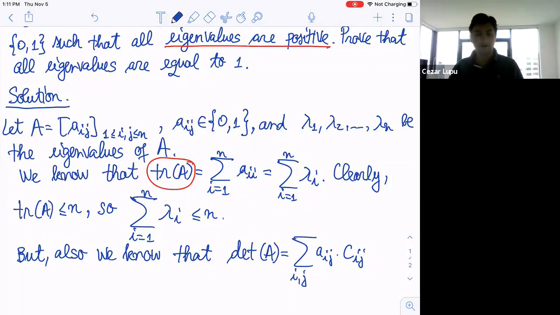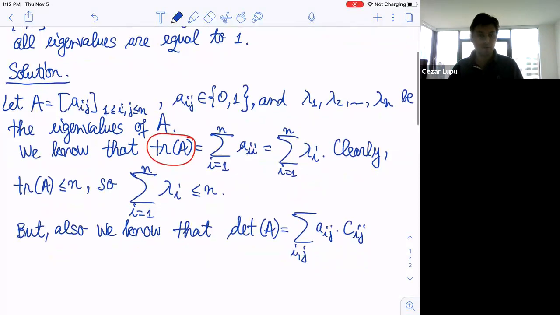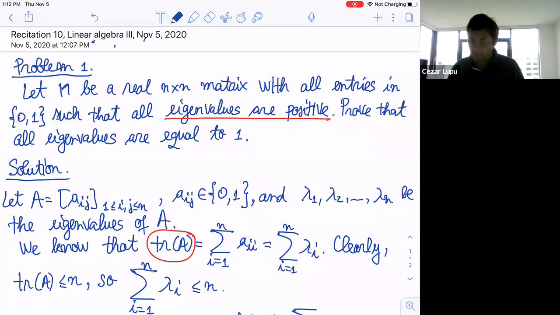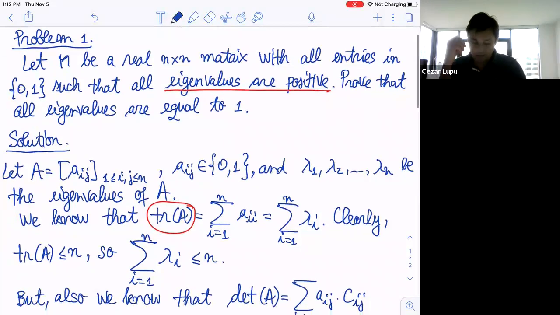So what do we know about this? That these guys are 0 and 1, right? Wait, I think I made a mistake here in the statement.